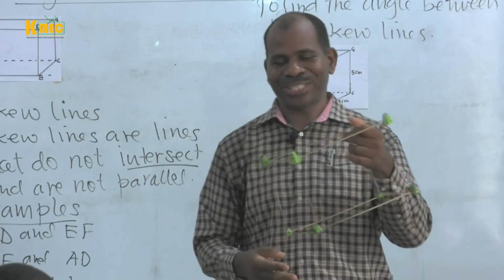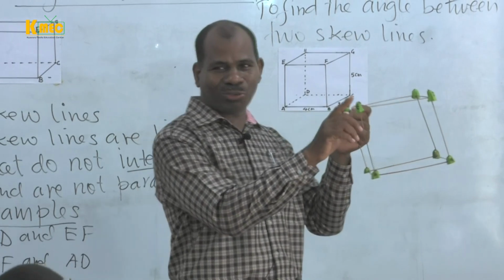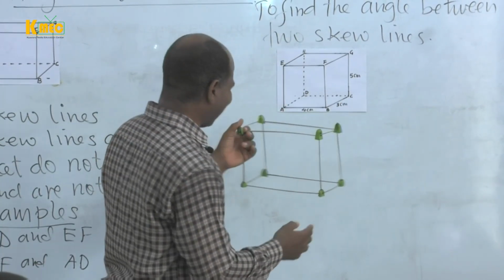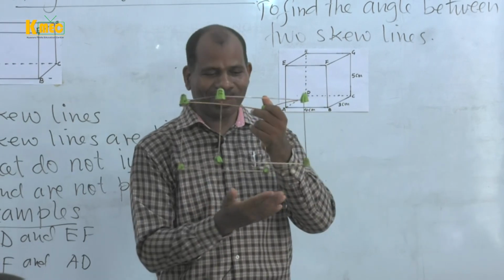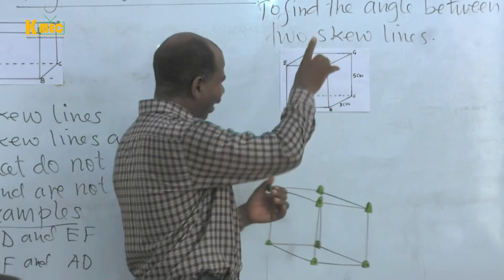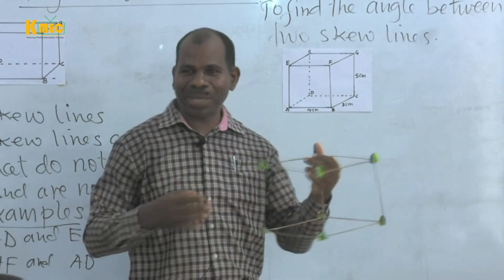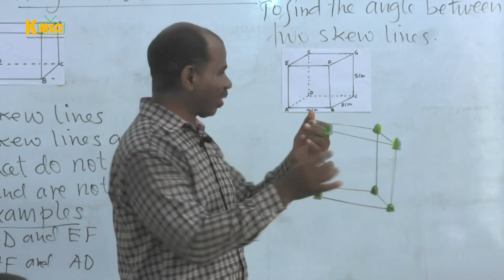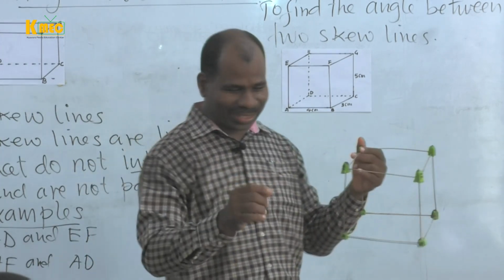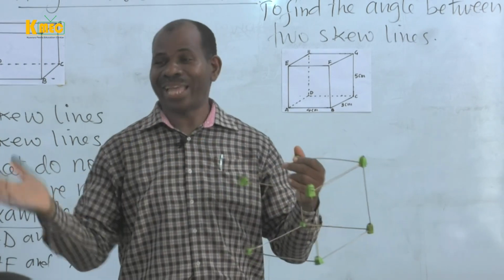Suppose this is 4 centimeters, then this is also 4, 4. The second is 3 centimeters, so this is also 3, 3. And the height is 5, 5. So the figure gives only 3 sides, length, width, and height, but each represents the other equal lengths.